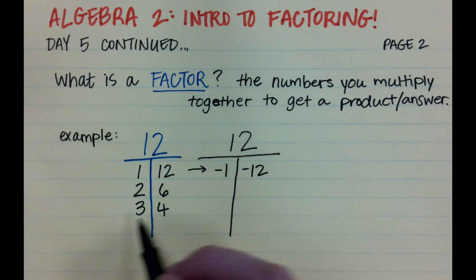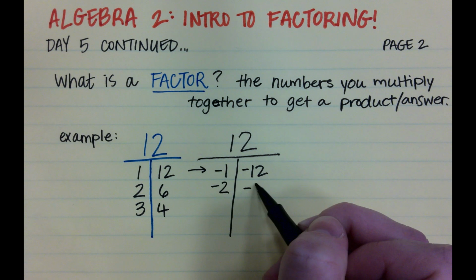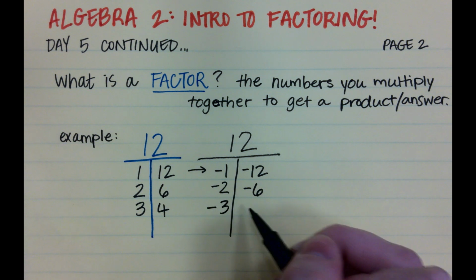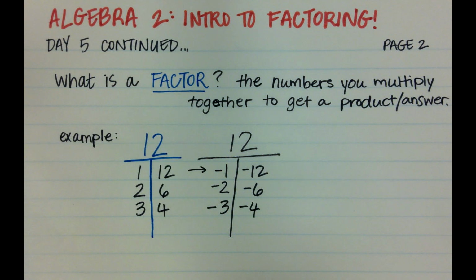So I could just copy these down and use the same numbers. -2 times -6 makes positive 12. -3 times -4 makes positive 12. So when you're factoring something, all you're doing is trying to figure out what to multiply together to get that number. You're just coming up with the possibilities.